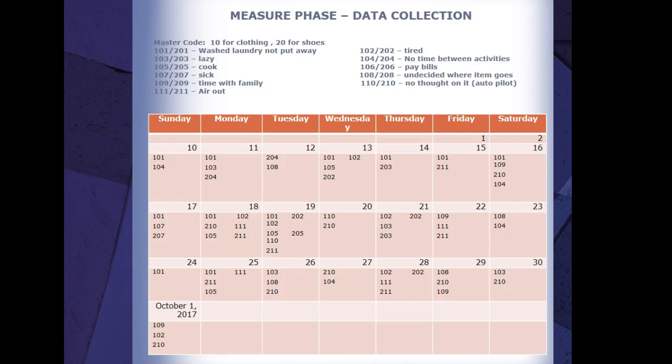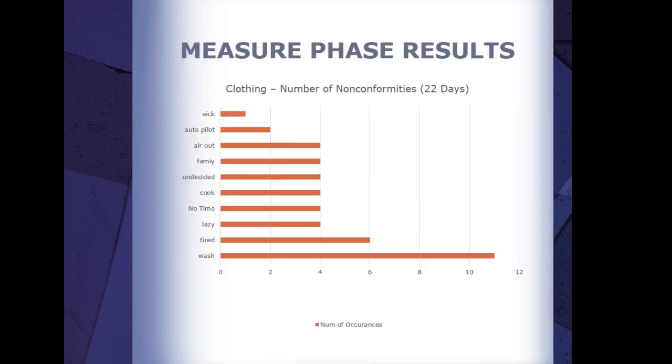So I was collecting reasons why I did not put my clothes or shoes away on a basic calendar, which is how I chose to do this. And as you can see, I had some codes for the reasons.